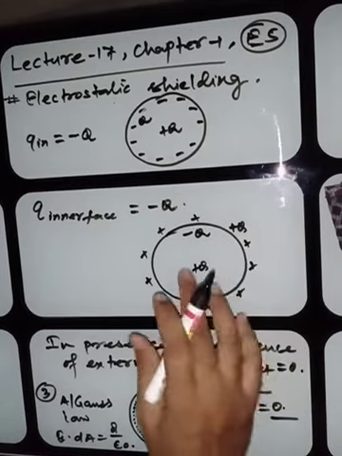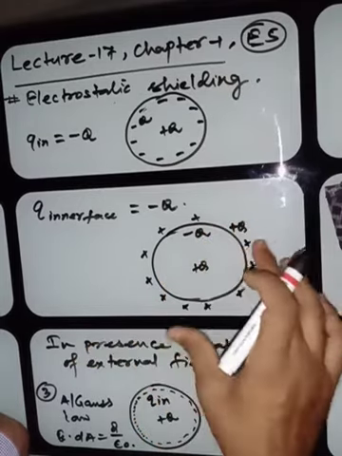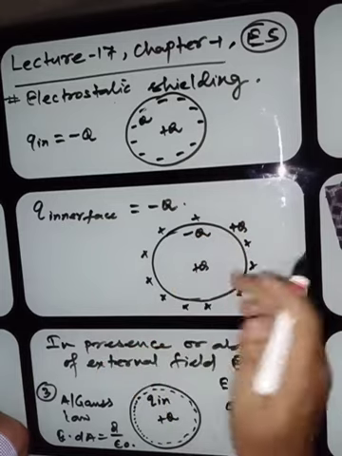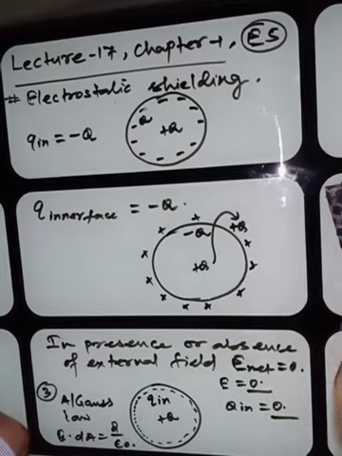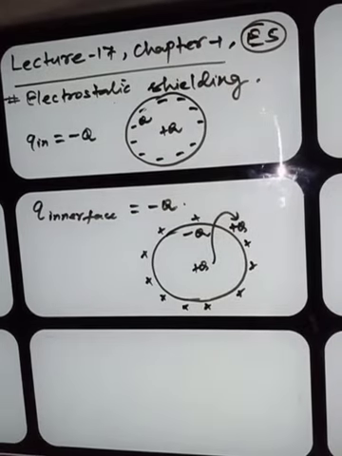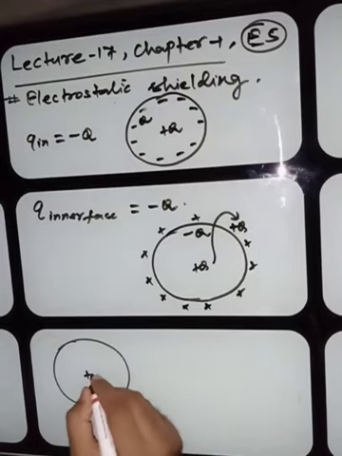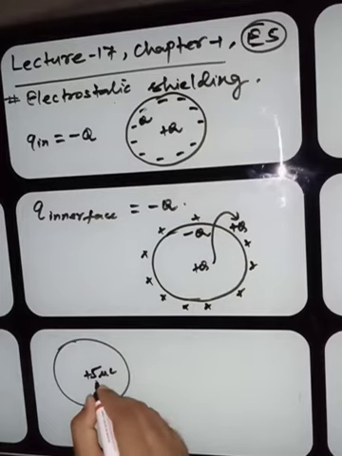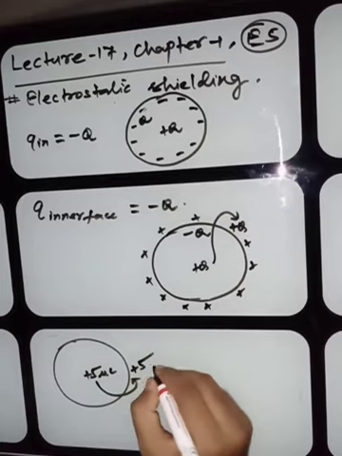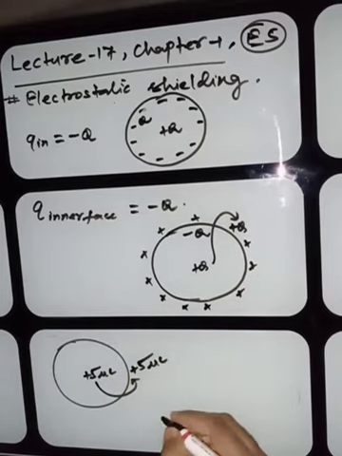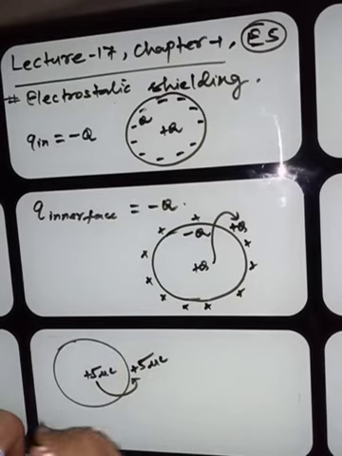In short, write in your notes that the same amount of charge resides on the outer surface. What does it mean? If there is a hollow conductor and I put plus 5 microcoulomb inside the cavity, then the same amount, with the same nature, will come out on the outer surface.